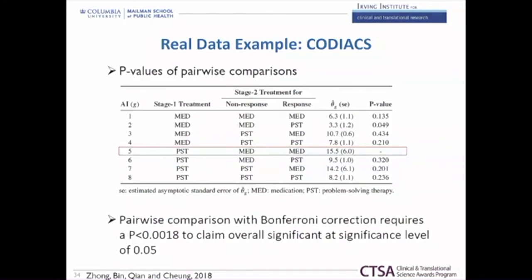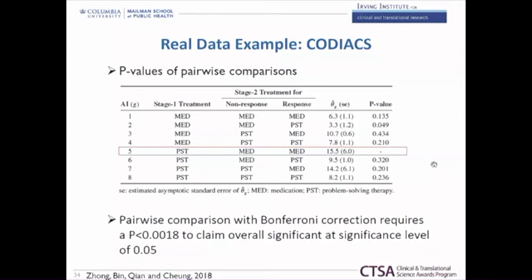For example, in this case, suppose we're trying to compare the adaptive interventions and control the overall significance level at 0.05. Because we have 8 adaptive interventions, a pairwise comparison with Bonferroni correction requires a p-value less than 0.05 divided by 8 (0.05/8) to claim overall significance.